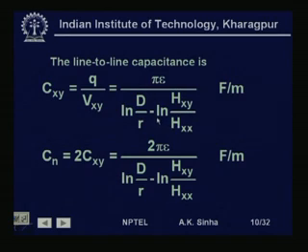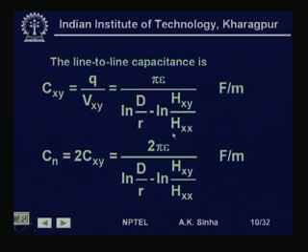So, if the conductors are not far above the ground as compared to the distance between the phase conductors, then the earth does affect the capacitance, and the effect is in increasing the capacitance as compared to when we have not considered the effect of earth, because this total term is now getting reduced.